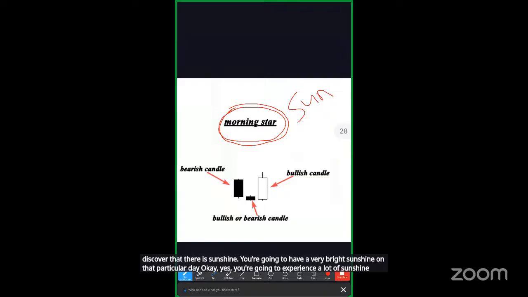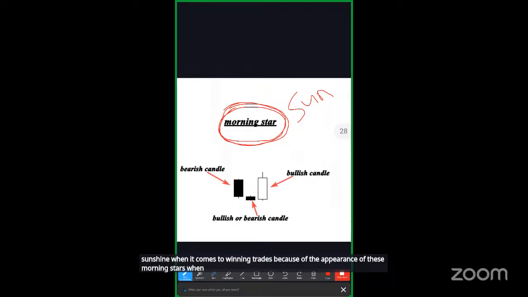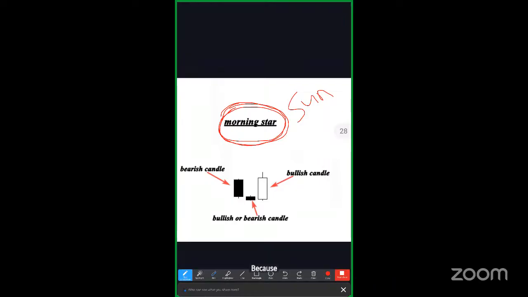So in trading as well, there are times where we experience bright sunshine when it comes to winning trades because of the appearance of these morning stars. When they appear, then you should know that in that particular trade, you have a good chance of winning because you entered that trade when the morning stars appeared.